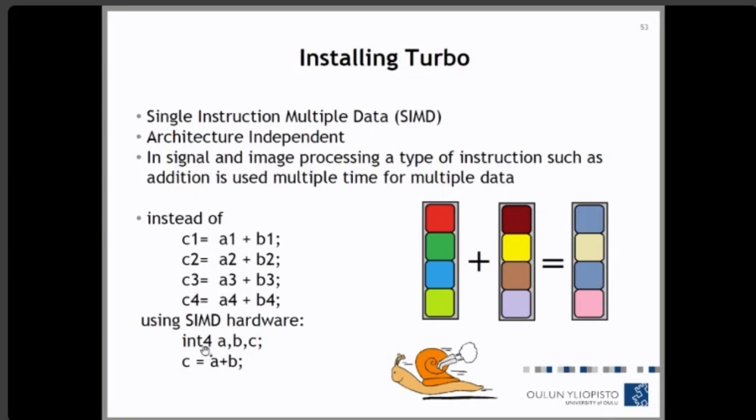The compiler support will of course have some variable keyword, int4. It means that it's an integer, but it's actually 4 integers connected to each other. So A, B, and C are not single integers, they are 4 integers. Instead of having C1 equal A1 plus B1, C2 equal A2 plus B2, and so on, we will have C equal A plus B, and all of these 4 addition operations will be done at the same time.